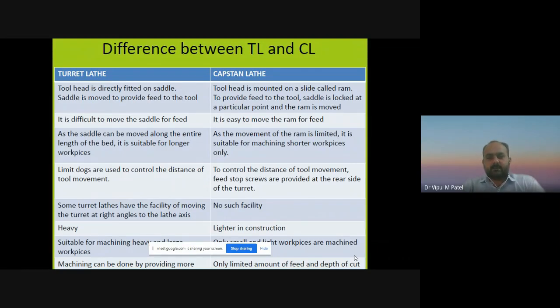As we discussed in the types of lathe, the turret lathe and capstan lathe are important types of lathe machines with some technological advancement.